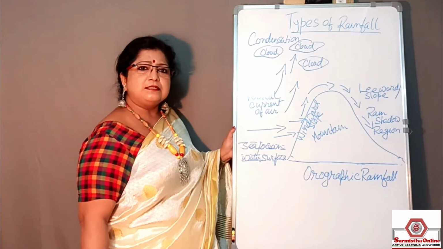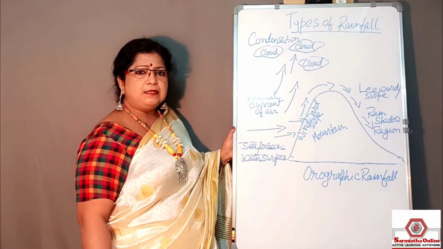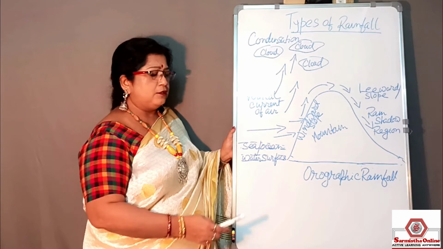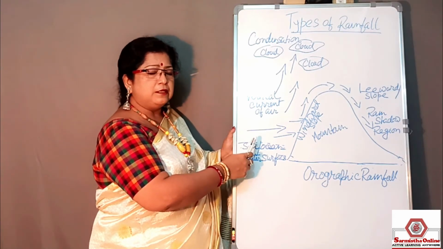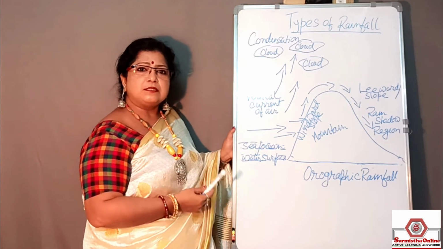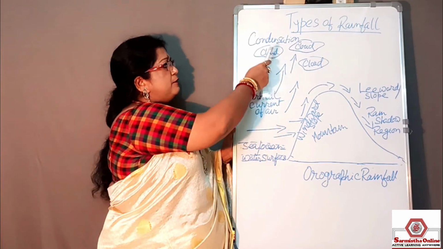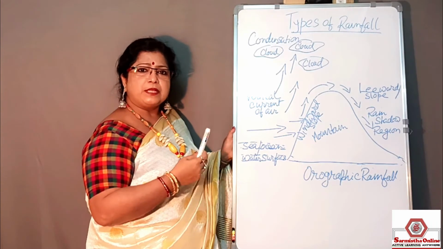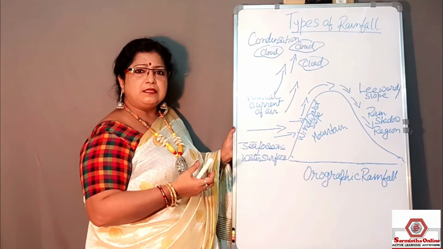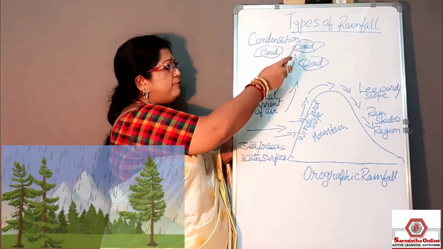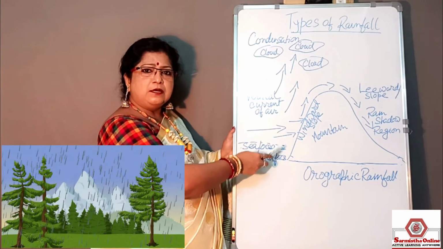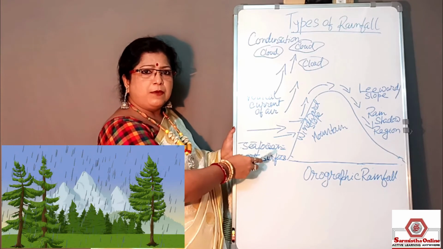As soon as the vertical current comes in the high altitude, then what happens? Again the condensation takes place, and due to the condensation, the water vapor which was in the moisture laden wind turns into water droplets and forms the cloud. Cloud becomes heavy, cannot contain the moisture in it anymore, and that's why heavy rainfall occurs in the windward side of the mountain.